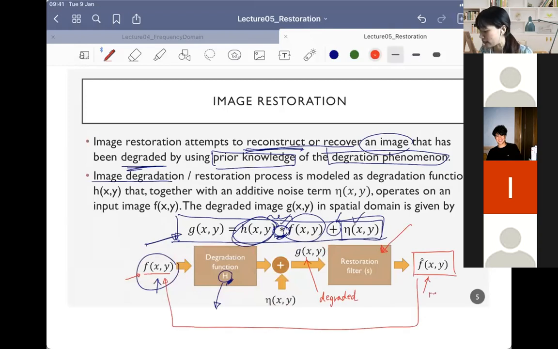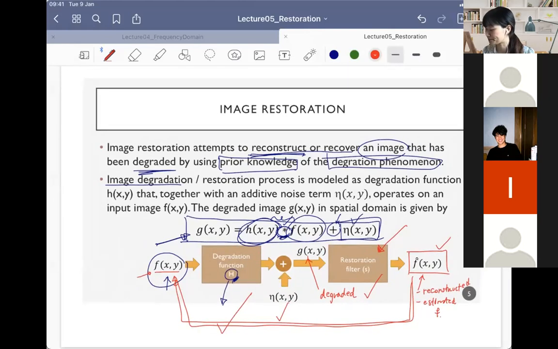I might call it a reconstructed image, or an estimated image, because we're not sure it's actually the same image. So when the image has been degraded or had noise added, we can work on the restoration, and then we get an estimated image, which should be similar to the original image. That is image restoration.